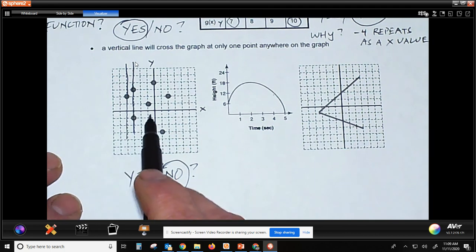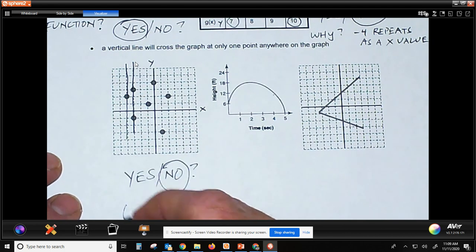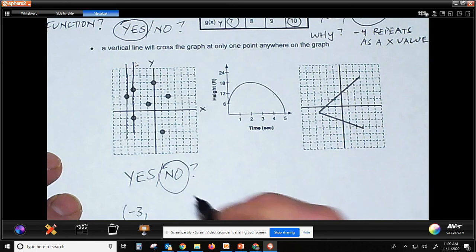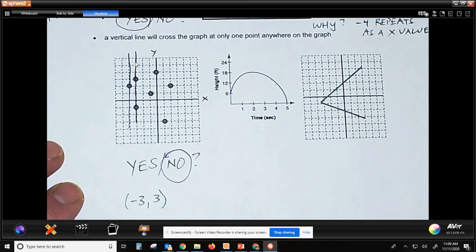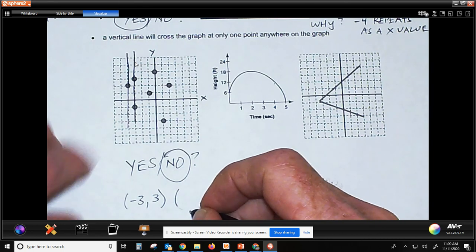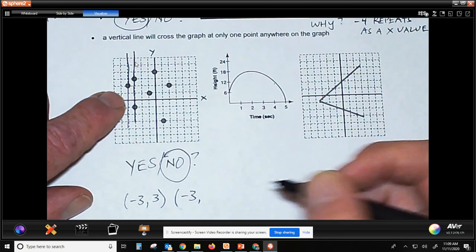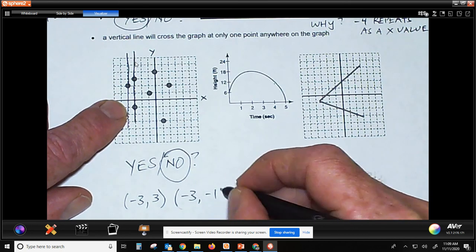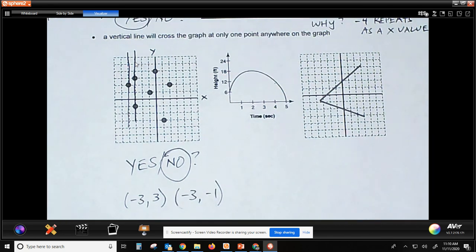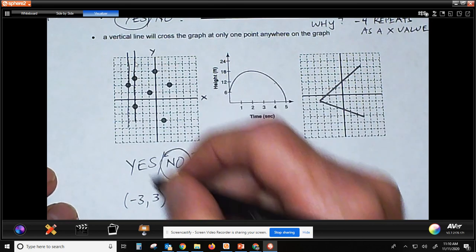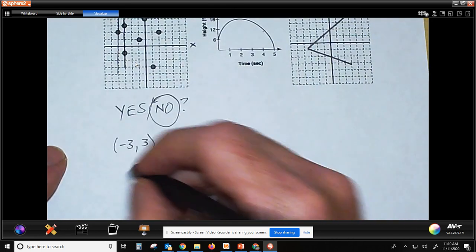These 2 points, I have x is equal to -3, and x is also equal to -3, and out comes -1. This breaks the rules of math. If I put in an x, I should have only one value of y come out. So this is a no because it fails the vertical line test.